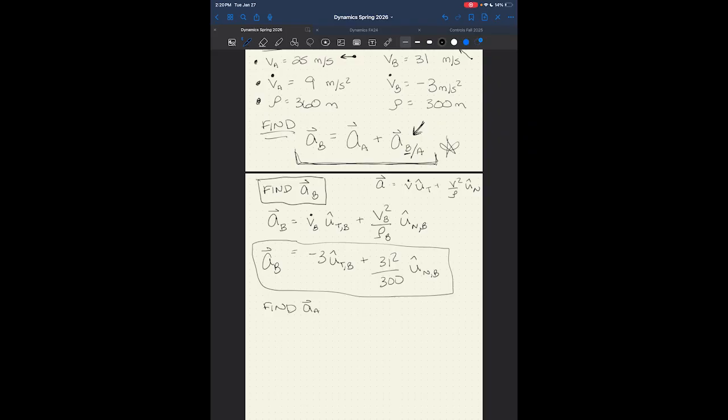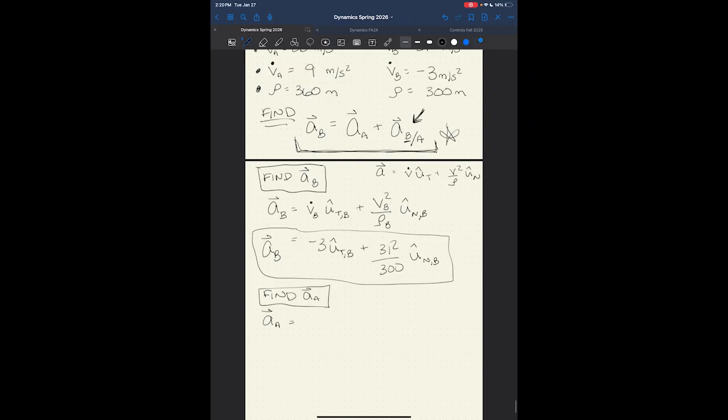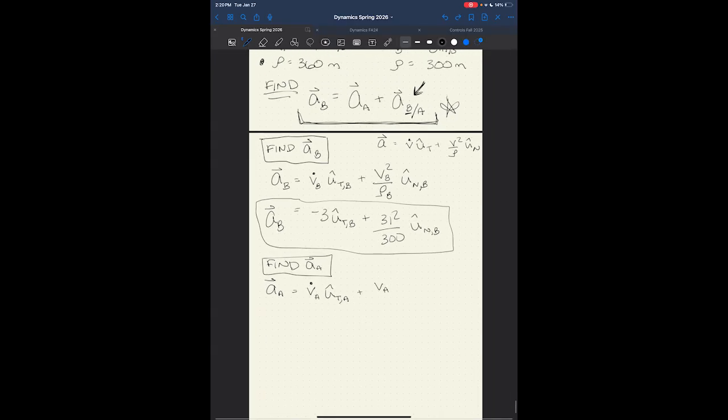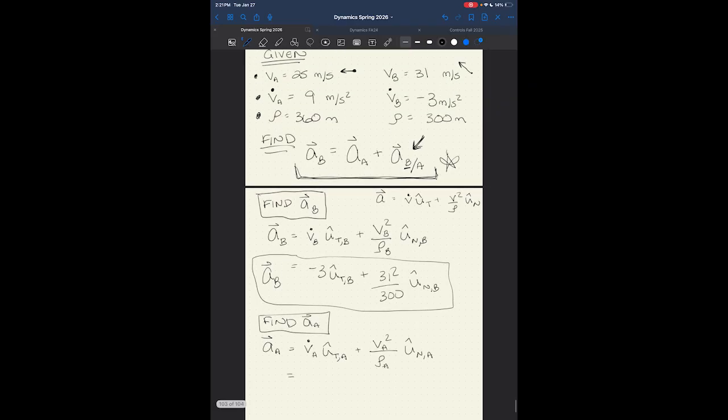Now let's do the same thing for acceleration of A. So acceleration of A equals the time rate of change of the speed of A in the tangential direction for A, plus the speed of A squared over rho A, u hat n A. And again, I can fill that out from what's known.